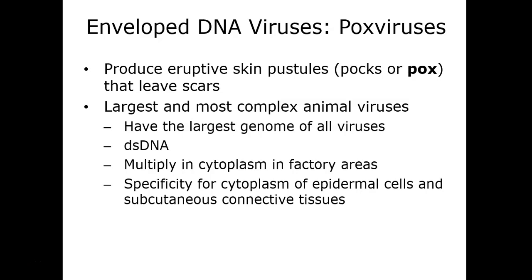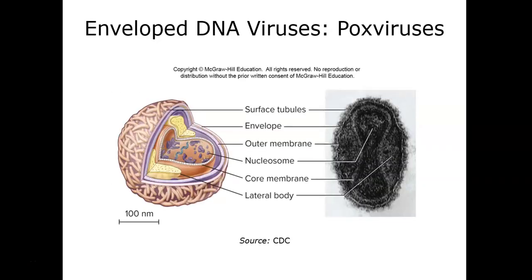They are all double-stranded, and as we've already mentioned, the DNA viruses are the ones that are specific to the cytoplasm. They have a specificity for your epidermal cells and your connective tissues. So those are the types of cells that they are going to impact. We've already mentioned that they are enveloped.